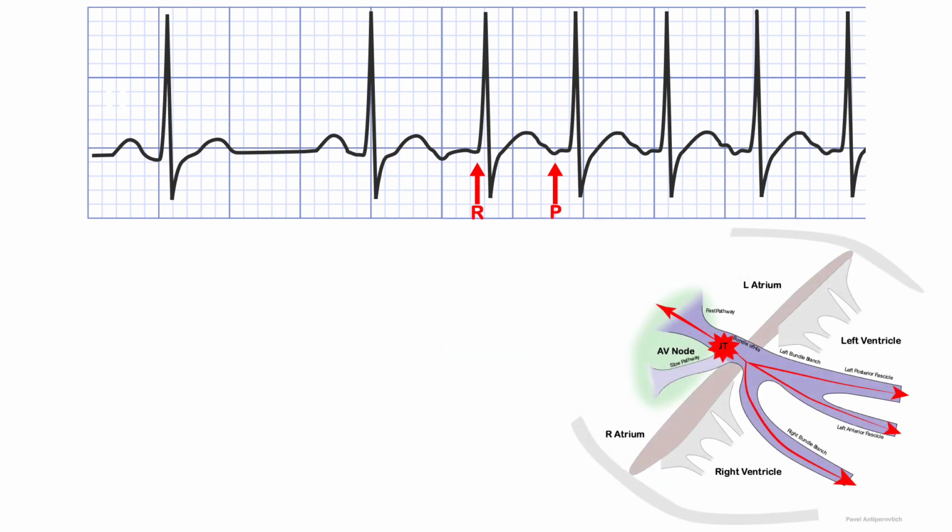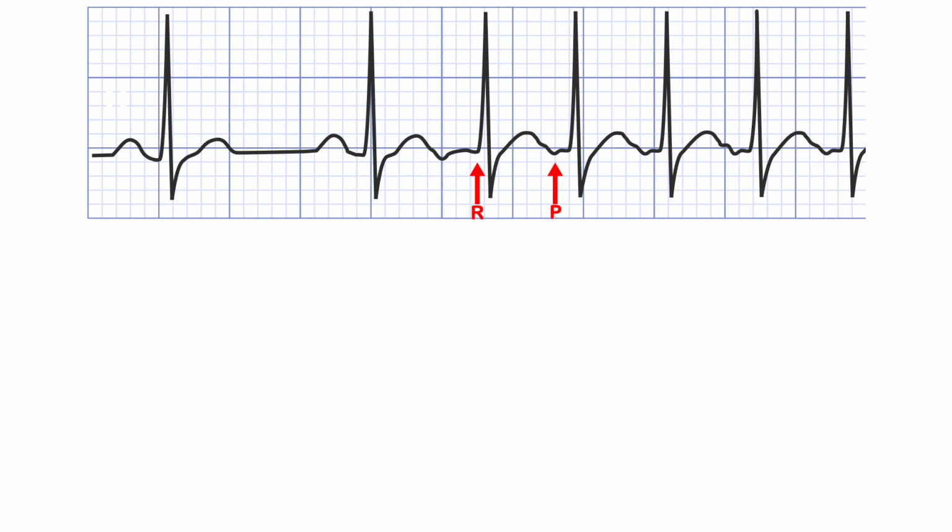And finally, with JT, it is a possibility if the JT focus is very close to the atrial entry into the AV node, such that when it fires, it creates a retrograde P wave and then takes a while to create the QRS, which is why the QRS comes after. So the JT is also a possibility here.